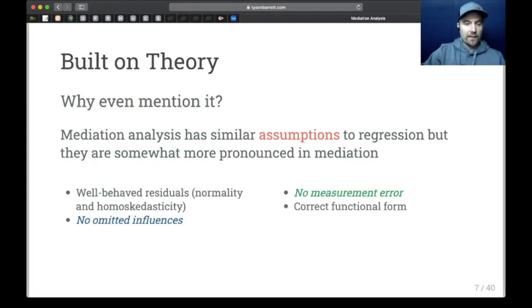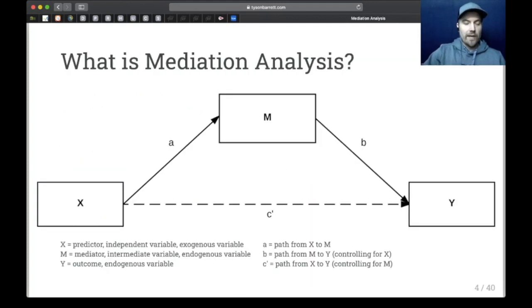So if we go back to this, we can talk about the different models that actually make up the mediation analysis. The first model is where X and M are both influencing Y. So we look at Y. It's one of our endogenous variables, one of our variables that are being influenced by other variables in the model.